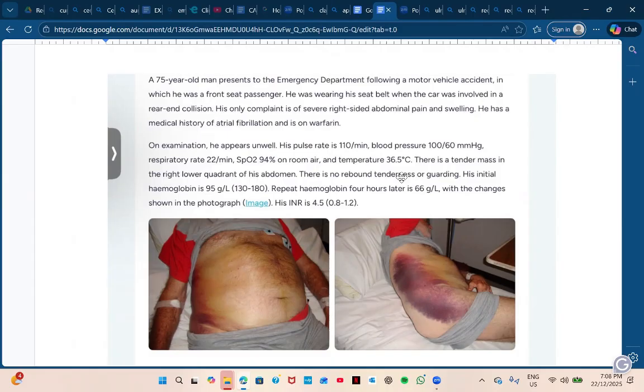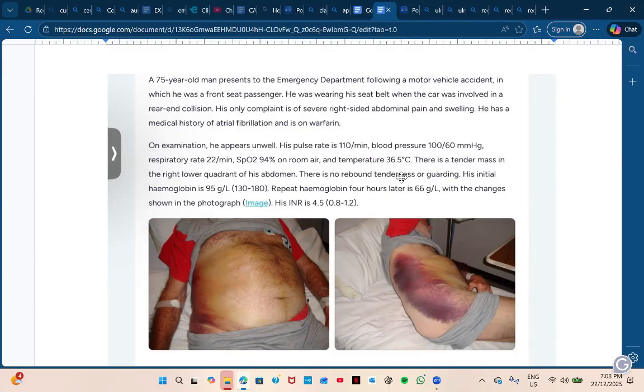A 75-year-old presents to the emergency department following a motor vehicle accident in which he was a front seat passenger. He was wearing his seat belt when the car was involved in a rear-end collision. His only complaint is severe right-sided abdominal pain and swelling. He has a medical history of atrial fibrillation and is on warfarin.